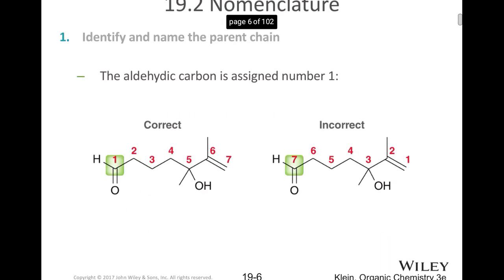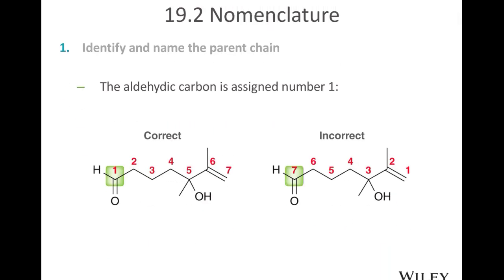All right, so nomenclature. The aldehydic carbon is always assigned number 1. So here's a couple of examples. The book goes over this rather quickly, but everything that we've learned up until now, aldehydes would be the highest priority.